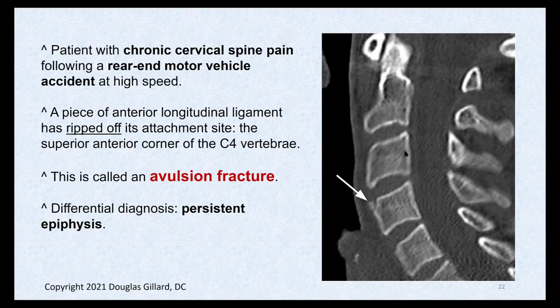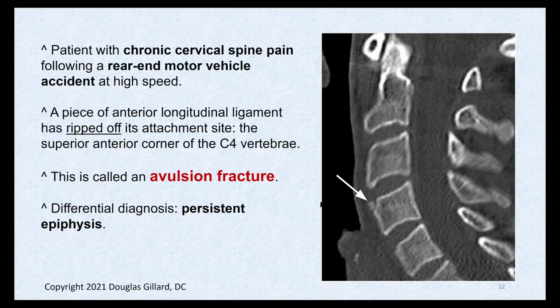We have the vertebral body here, and the anterior longitudinal ligament would be right in the front, anchored to the bone, and we can see a chunk of bone has been ripped off right there. So that's an avulsion fracture, especially if it wasn't there in the emergency room x-rays, because sometimes it takes a while for these things to show up. They're not always present at first.